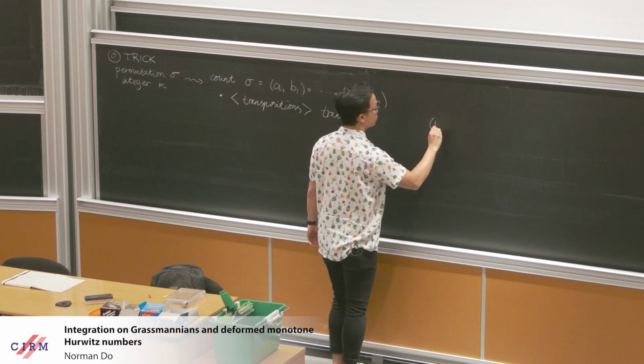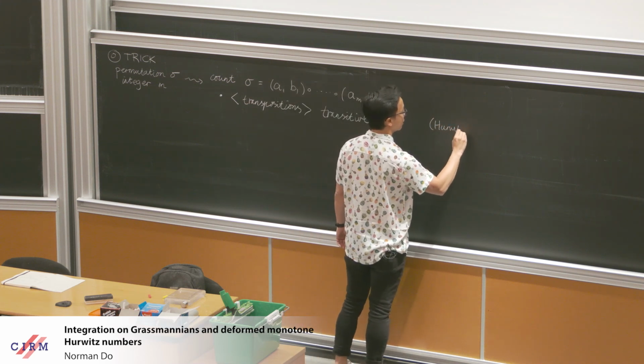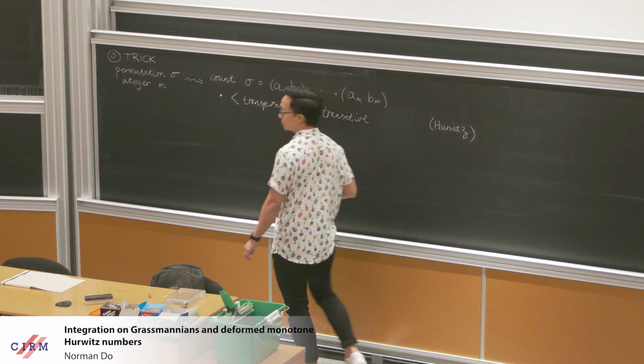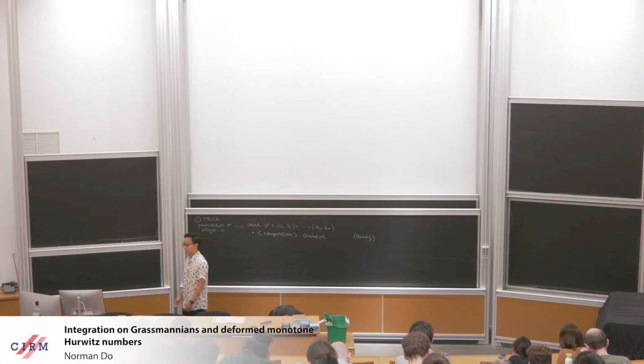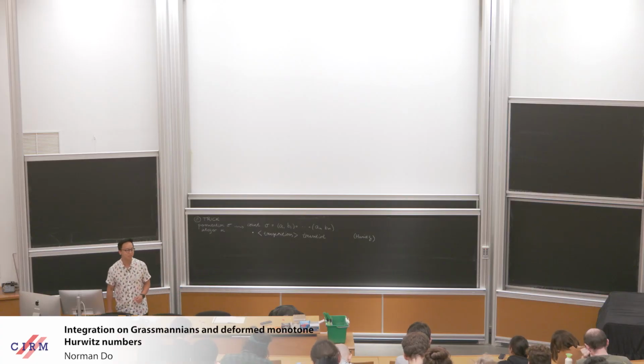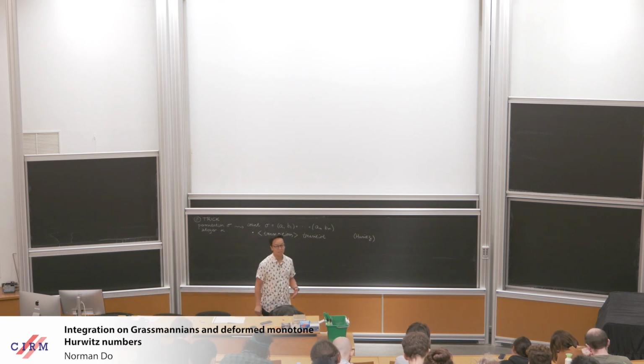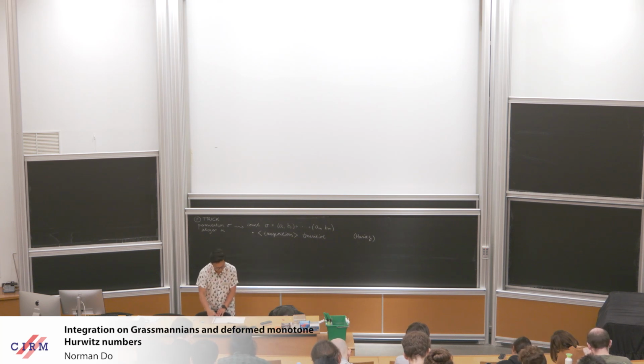Okay, and so if you do this, what you're calculating are Hurwitz numbers. And this is a long story, dates back, I'm guessing, to the time of Hurwitz in the 1890s, and sort of very much revived over the last 3 decades or so with lots of connections to interesting mathematics and mathematical physics.